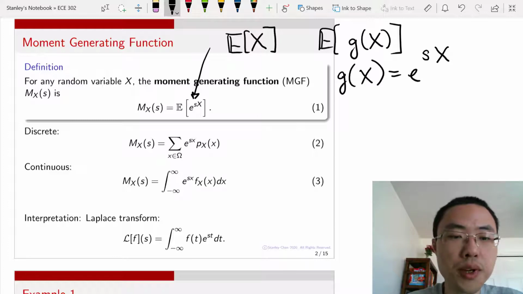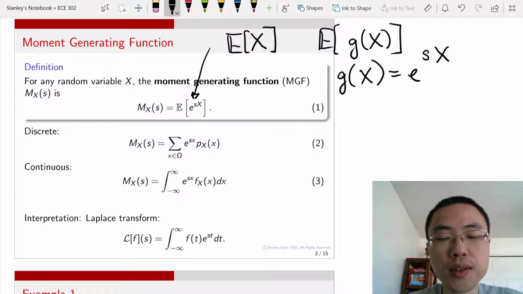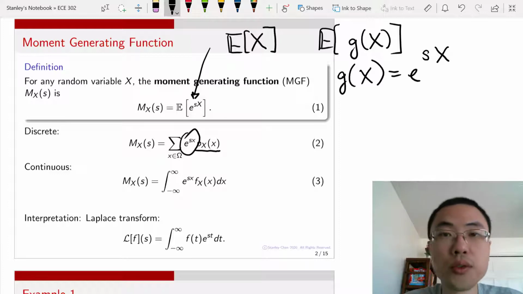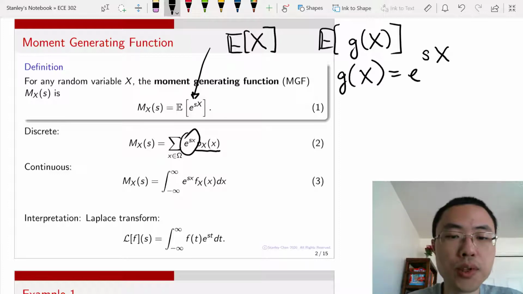If the random variable is discrete, then you sum over all the possible states of X. That will give you the probability mass function p of x, and then you also have whatever functional values that you want to evaluate. That will give you this e to the power sX.